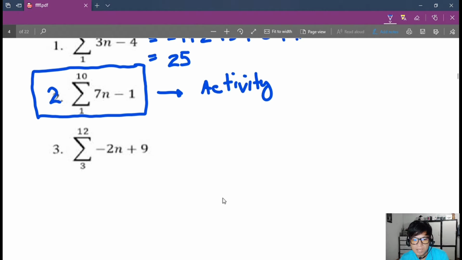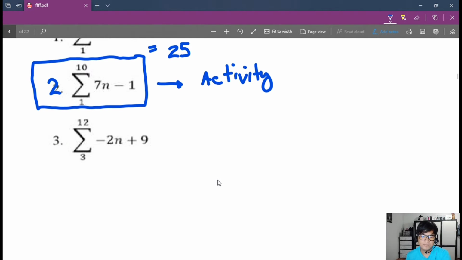Okay, ito number 3. So, for number 3, sagutan natin ito. So, ang value ng n is ranging from 3 to 12. So, negative 2 times 3 is negative 6 plus 9, that is 3.